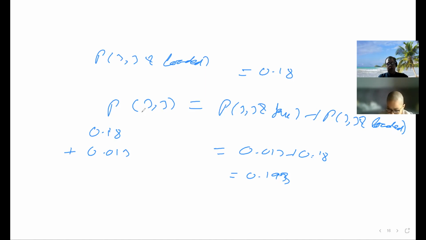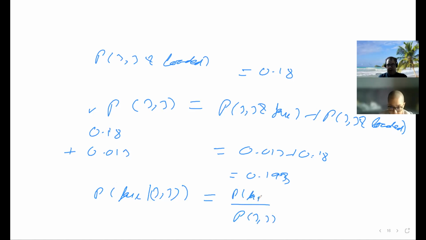Okay. So now we have calculated P3,3. Can we now calculate this P fair 3,3? Will it not be equal to P3,3 and fair by P3,3? What's on the top?